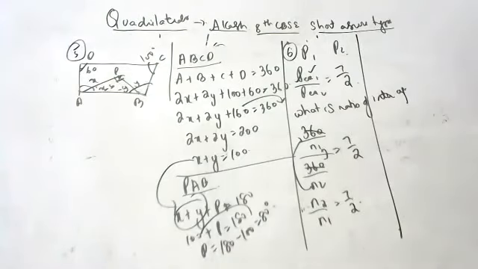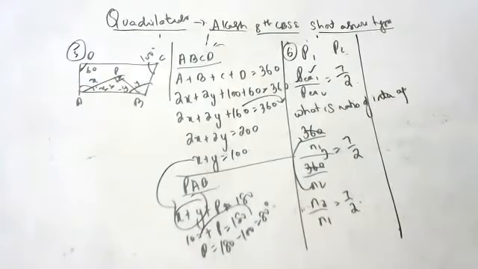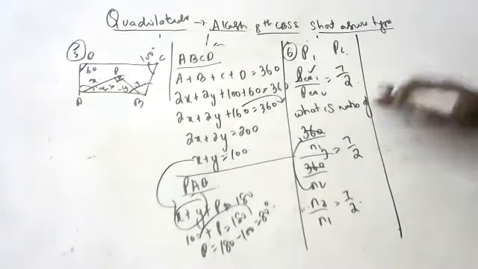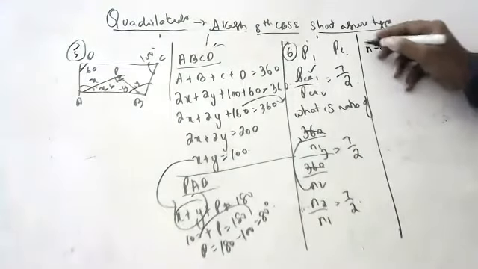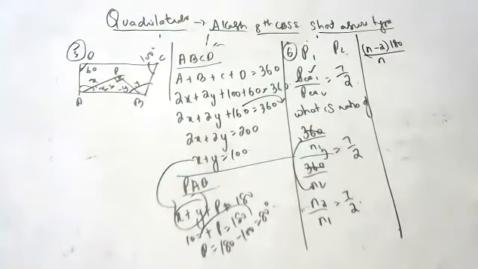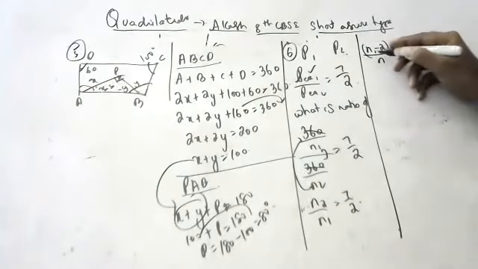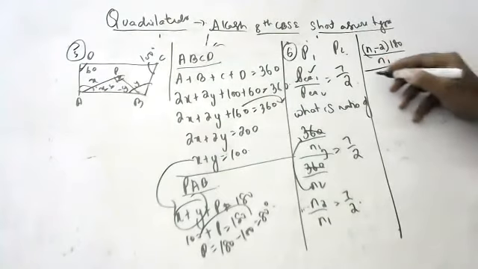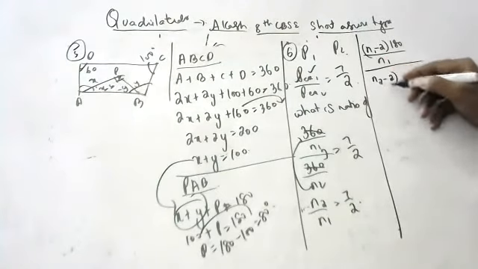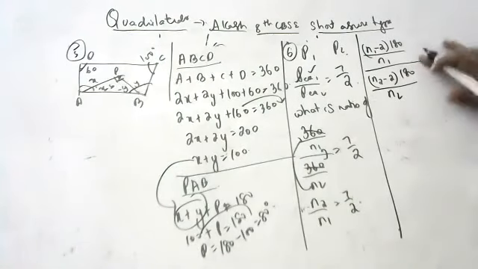Find the ratio of interior angles. What is the formula for the interior angle? (n minus 2) into 180 by n. For the first one it is (n1 minus 2) into 180 by n1, and for the second one (n2 minus 2) into 180 by n2. The 180s cancel.